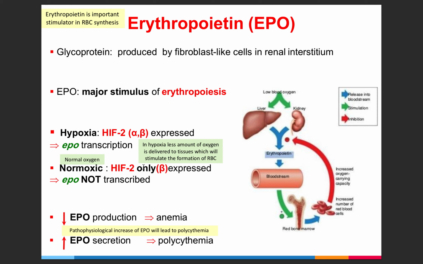Beta is always present. Alpha is always synthesized, but it is always degraded. There is also something called purine, not purine, I think, yes, hydroxypurine.